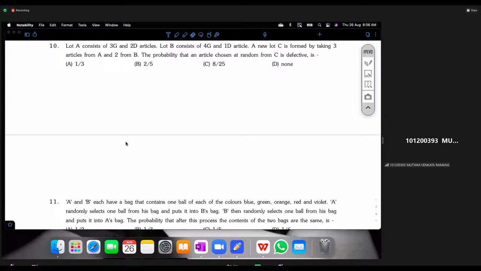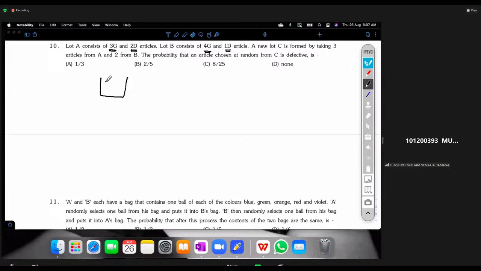A new lot C is formed by taking 3 articles from A and 2 articles from B. The probability that an article chosen at random from C is defective. Maybe their intention, what I understand, is 3 genuine, 2 defective articles, and 4 genuine, 1 defective article.